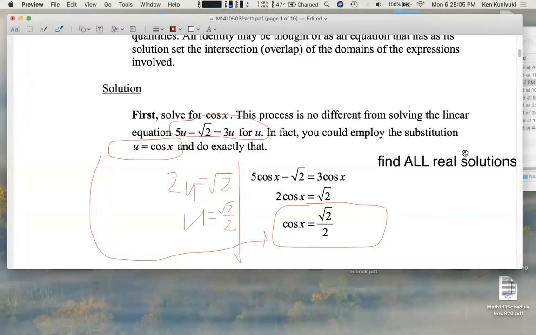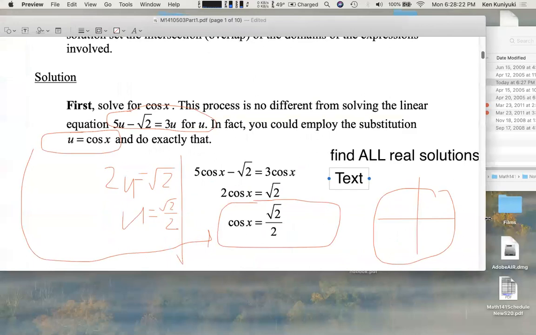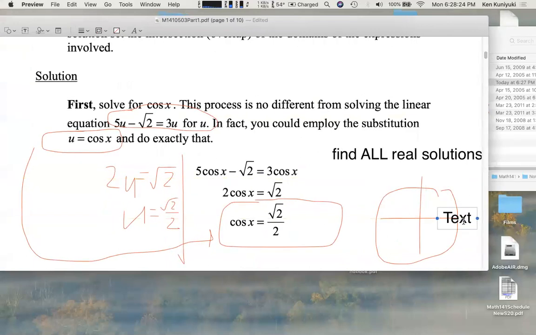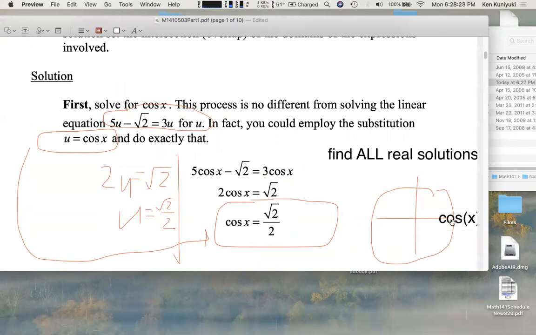So first of all, if you consider x as an angle, that might be a bit confusing. But if you consider x as an angle and you consider the unit circle, the way that some instructors do it, they would put cosine of x on the horizontal axis and sine of x on the vertical axis.